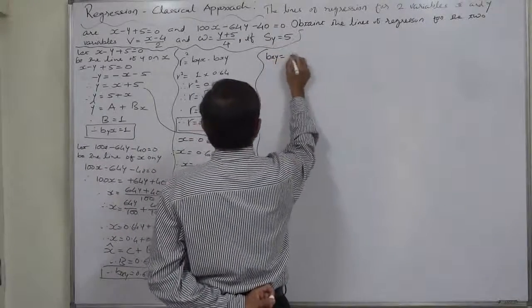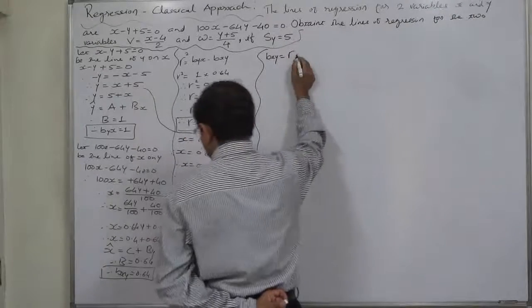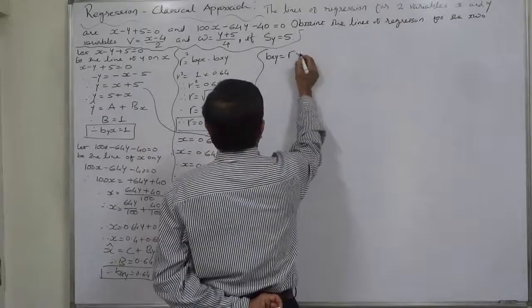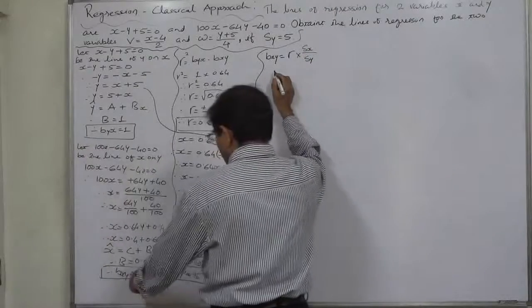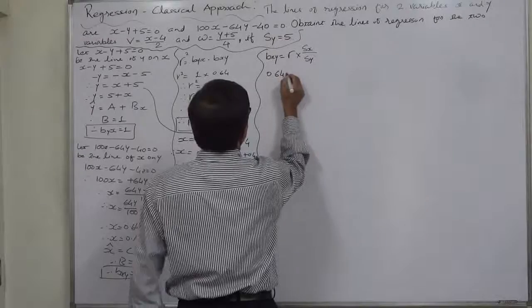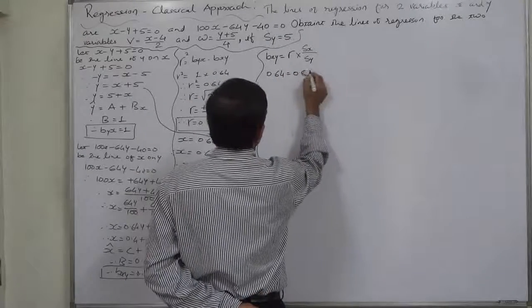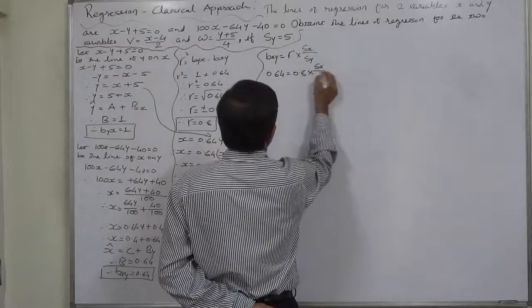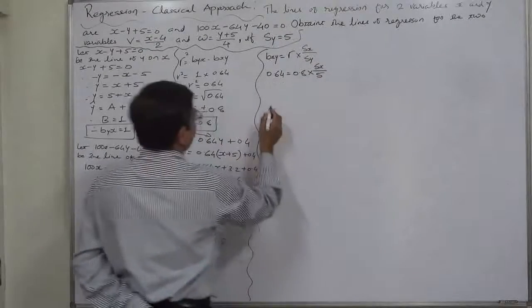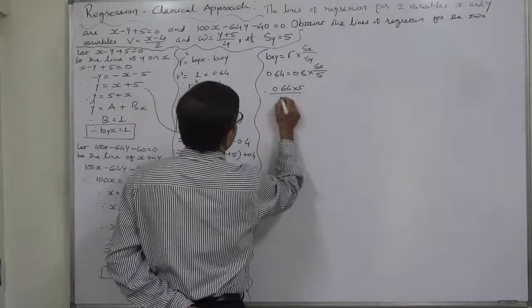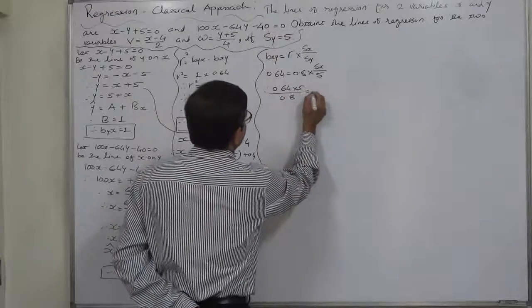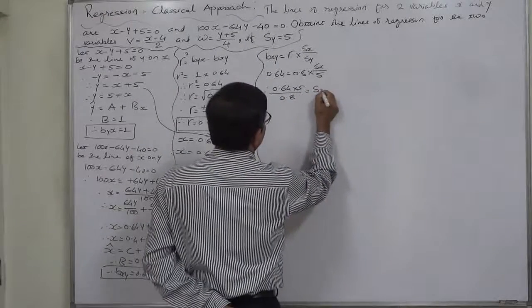bxy equals coefficient of correlation into Sx upon Sy. bxy we found was 0.64, equals 0.8 into Sx upon 5. Therefore 0.64 into 5 upon 0.8 equals Sx.